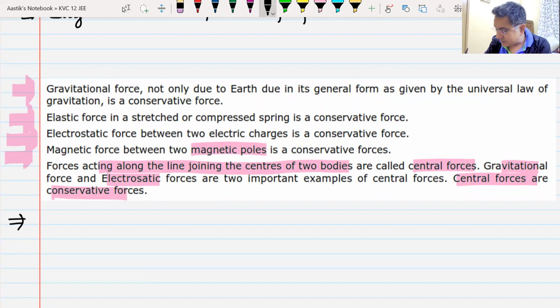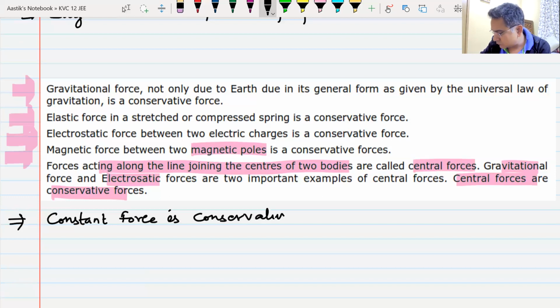One more thing, remember, every constant force is conservative. It does not depend on path. You don't have to worry about the path, which path it is going. Conservative.